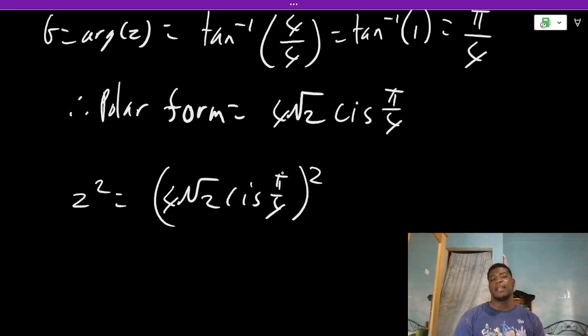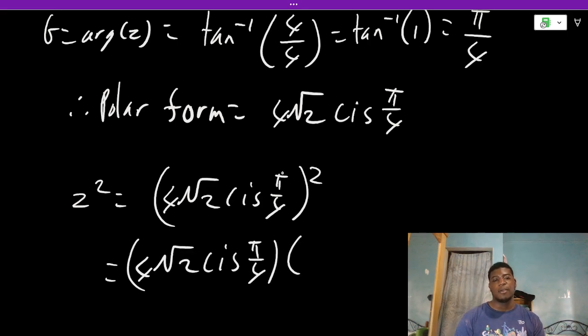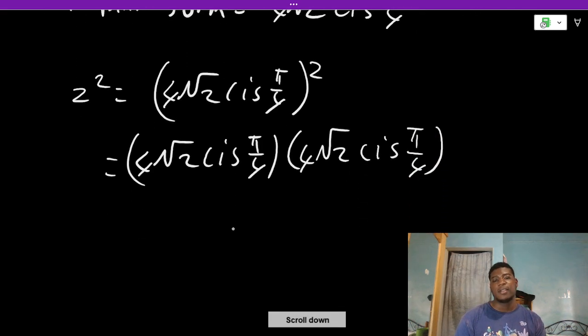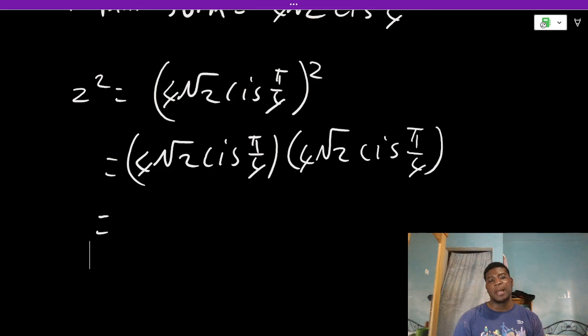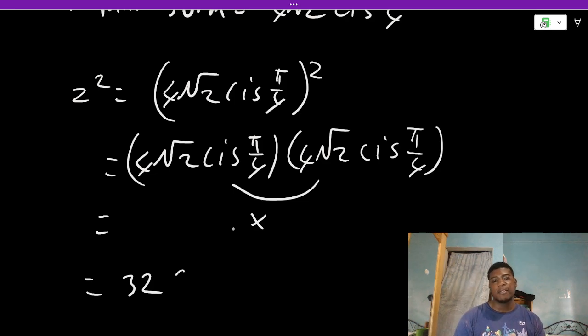This is the same as 4 root 2 CIS pi on 4 times 4 root 2 CIS pi on 4. Hence, it is multiplying two complex numbers. Therefore, we just have to multiply the modulus, which will be 32, and then for the CIS, just add these, so that is just pi on 2. Simple as that.